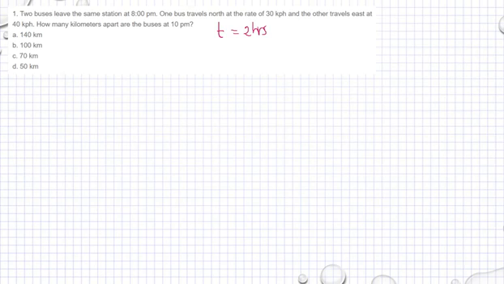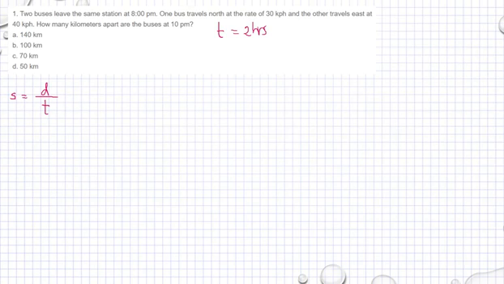And you know that the speed is equal to the distance divided by time. So if you know the speed and you know the time, then you can always solve for the distance.